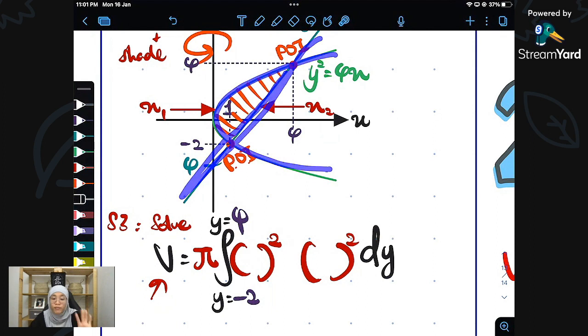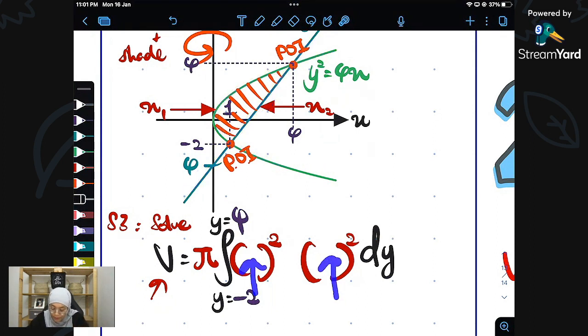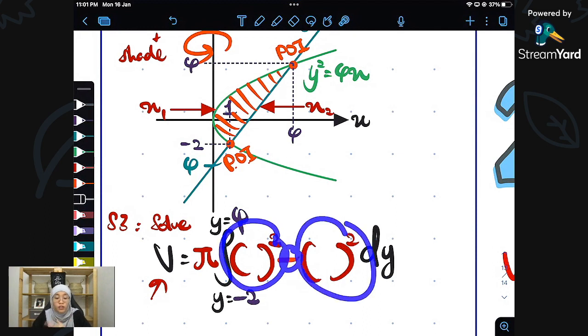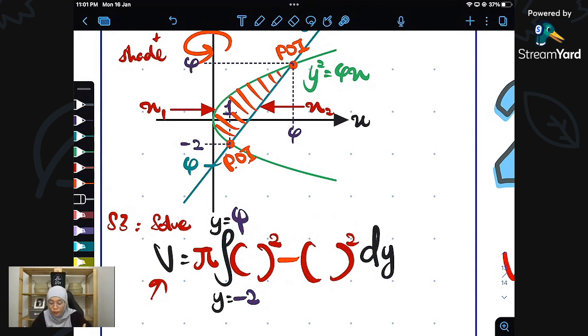So we have two graphs meaning two functions, therefore function di dalam ni ada dua lah. And so we must put squared for both functions as I told before in my previous video, and then don't forget to put minus. One function will be minus with another function, which we do not know yet which one should we minus with which one. So now I will tell you what it is.